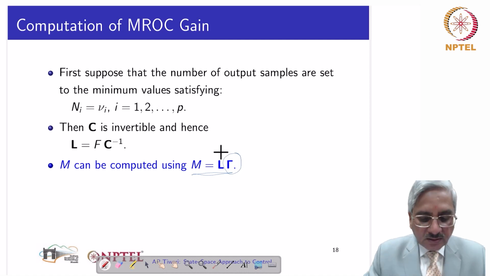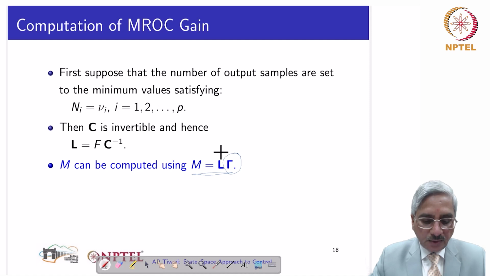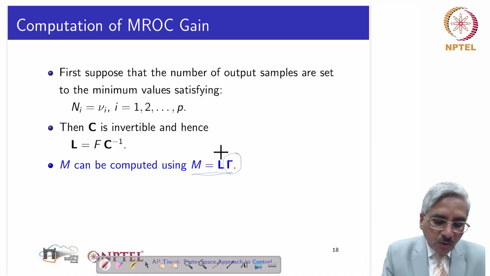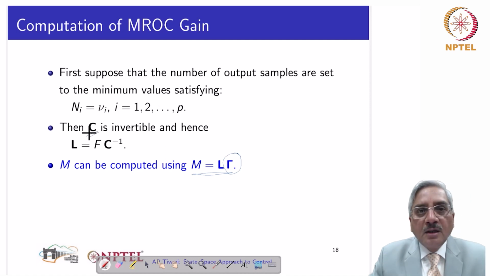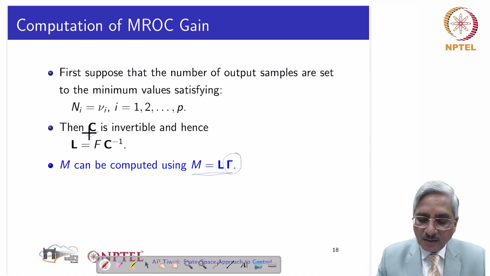So we are first considering the situation that the number of output samples is exactly equal to the corresponding observability indices, N1 equal to nu 1, N2 equal to nu 2, and so on. In that case, the matrix bold C will have equal numbers of rows and columns, and it will have rank n, which we already stated earlier.